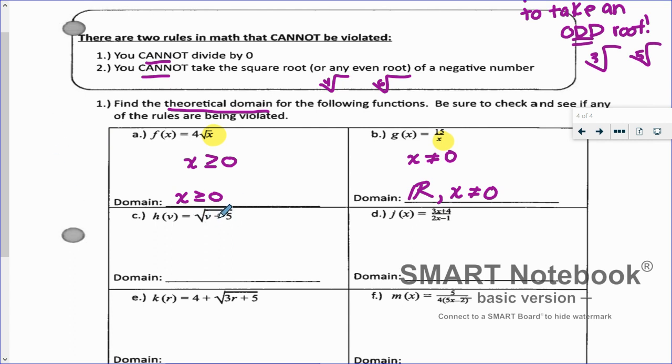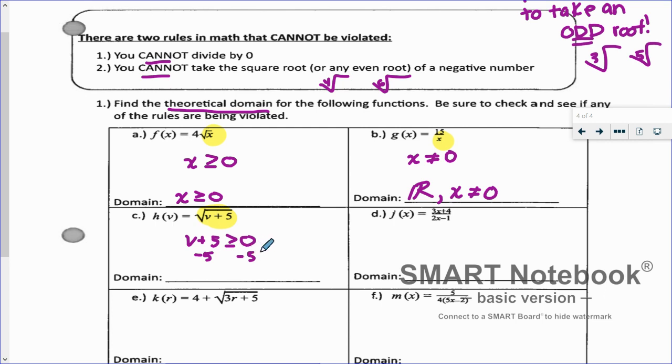So let's think about this one. This problem has the same issue as A. We need what's underneath the square root to be positive. So we need v plus 5 to be greater than or equal to 0. This says in Mathanese that what's under the square root has to be positive because we can't take the square root of a negative.